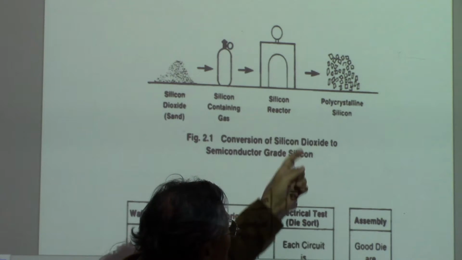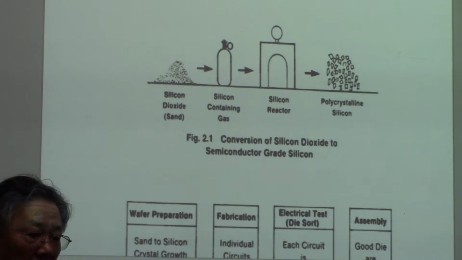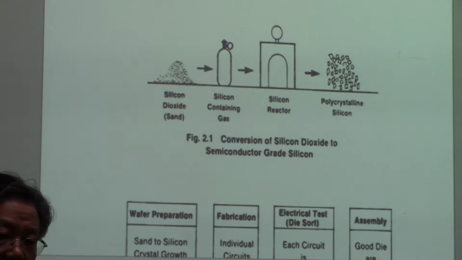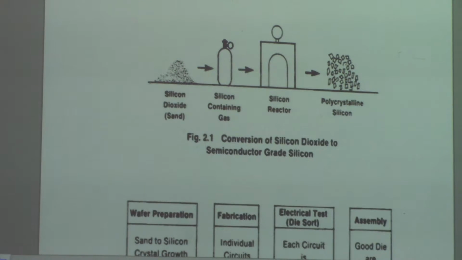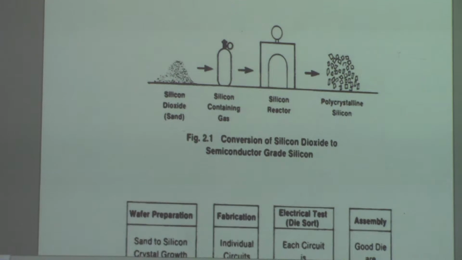then with the special reactor we can purify that silicon up to 12.9. 12.9 means 9s. The purity of that is 99.9999, and the total number of 9s is 12. Very, very pure, right?